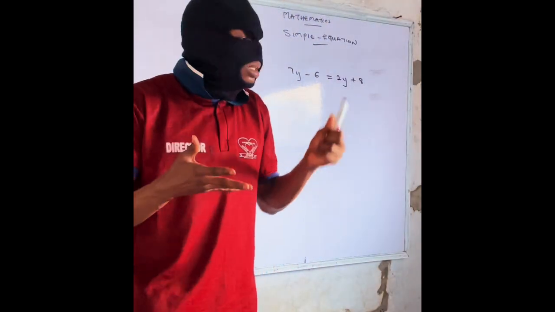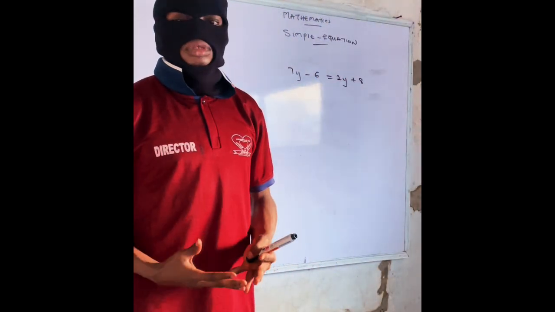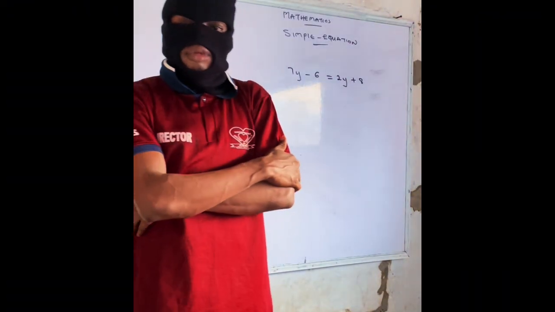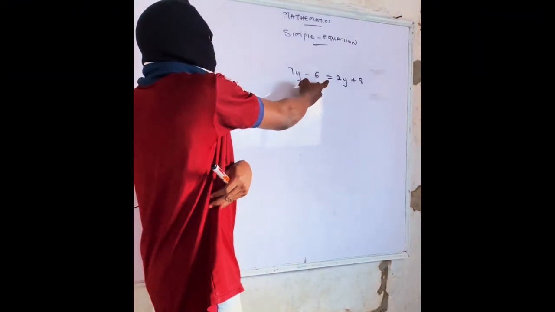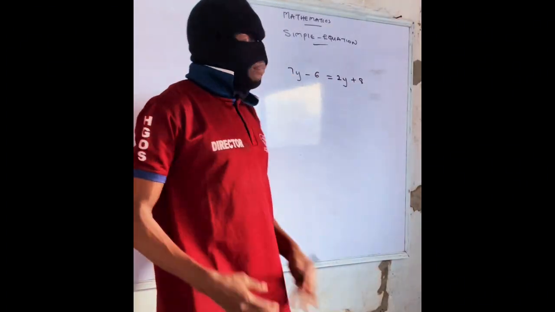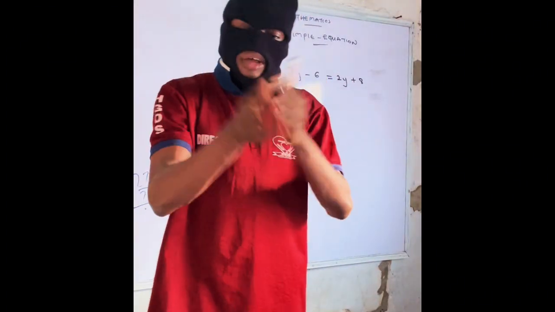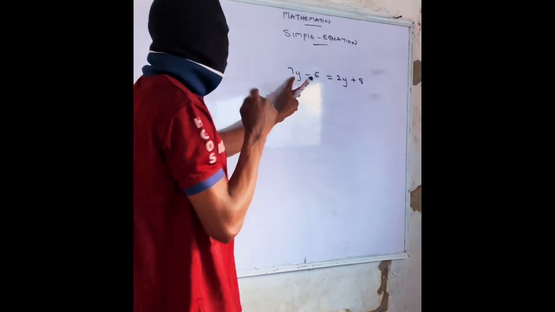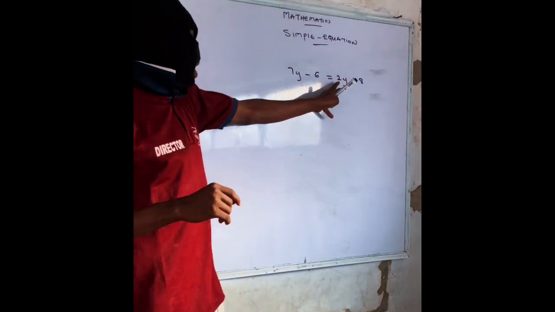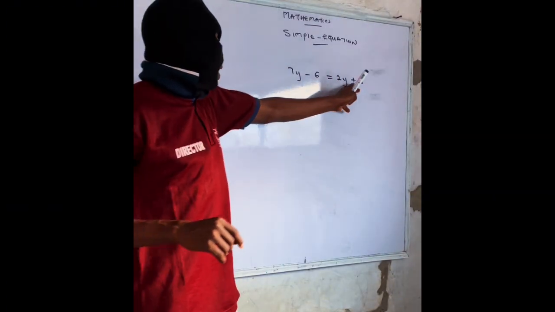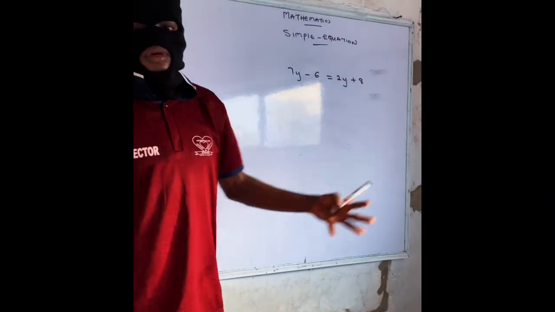We have added more numbers and variables to it. We have 7y minus 6 equals to 2y plus 8. Now 7y minus 6, you cannot subtract them together. 2y plus 8, you cannot add them because they are different. You understand? Now 7y has y, 2y has y, bring them together. Minus 6 is a number, plus 8 is also a number, bring them together.